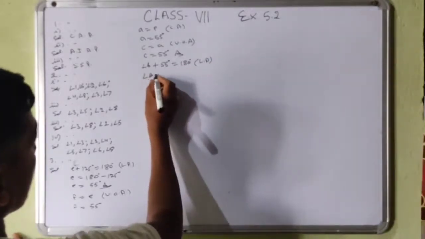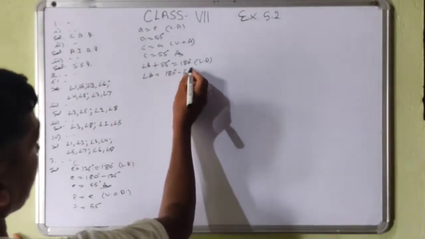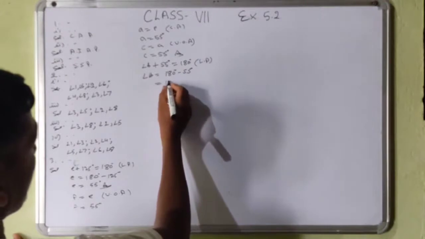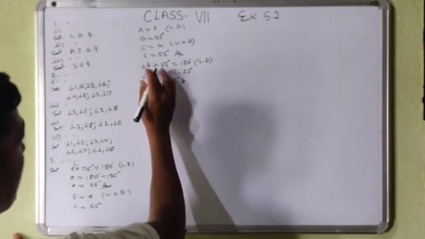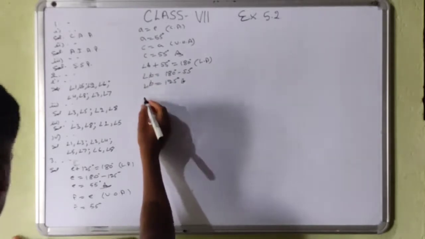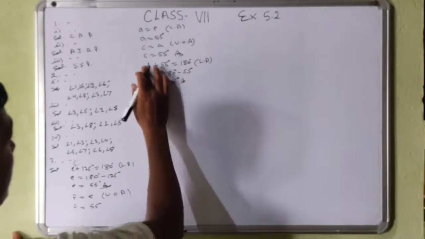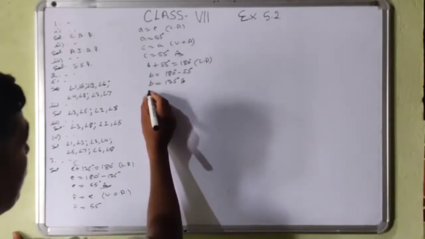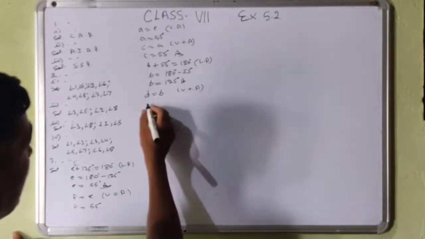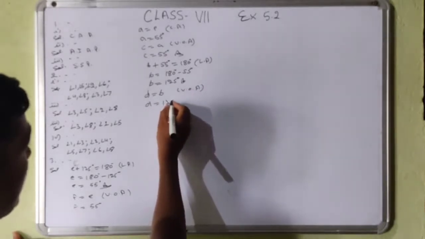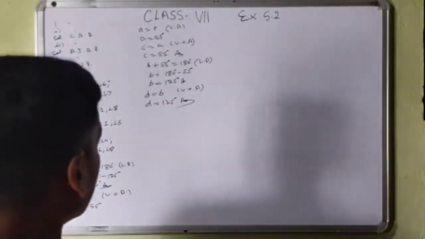So angle B is equal to 180 minus 55, that is 125 degrees. Then D is equal to B by vertically opposite angles, so D is equal to 125 degrees. This is very lengthy but easy.